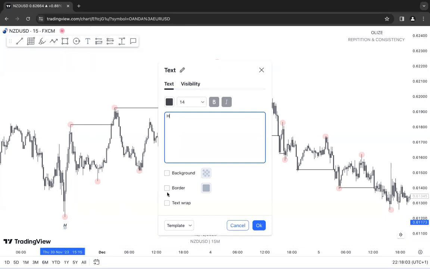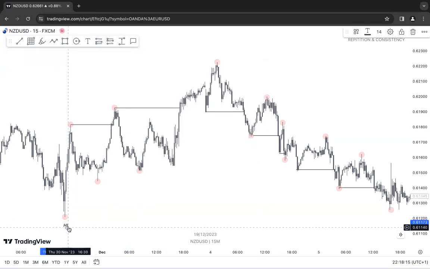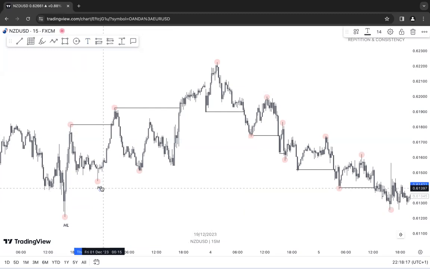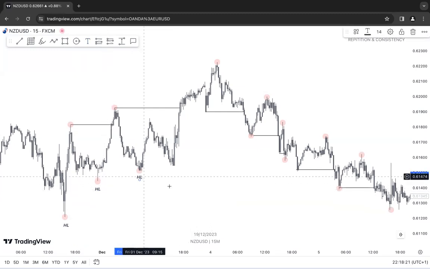Higher high. This guy, higher low, higher low. Yeah, that's correct. So this guy here is a higher low, not a higher high. Okay, higher low, higher low.